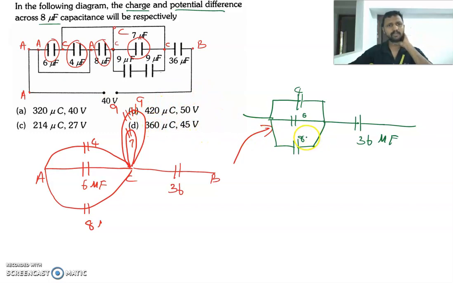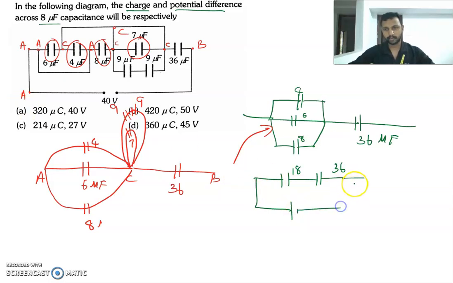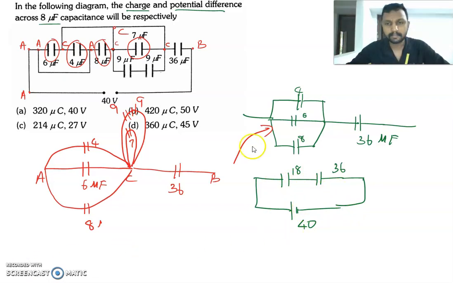Then what we can say from this is, since it's a parallel combination, we could directly add 4 plus 6, that is 10, 10 plus 8 is 18, with the 36 microfarad capacitor, which is connected to a 40 volt battery. Let me write it like this: 40 volt battery. Therefore we could say the total voltage, then we could solve it further.